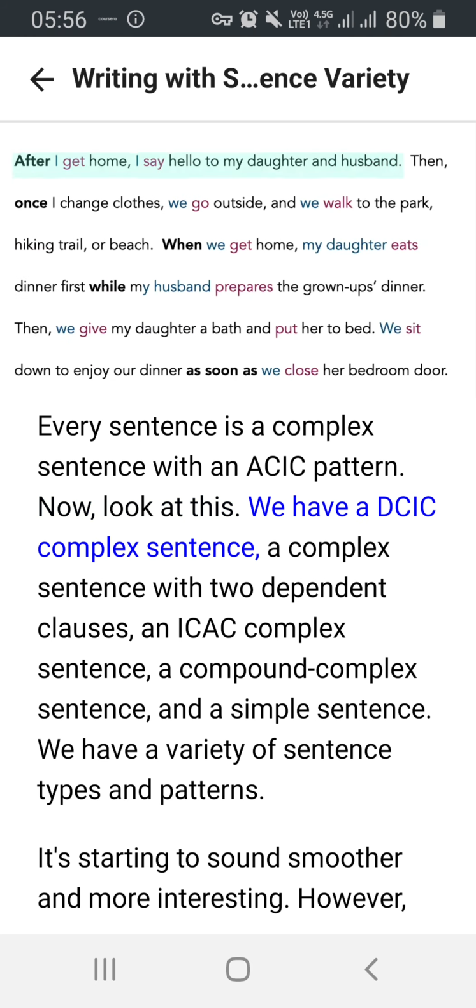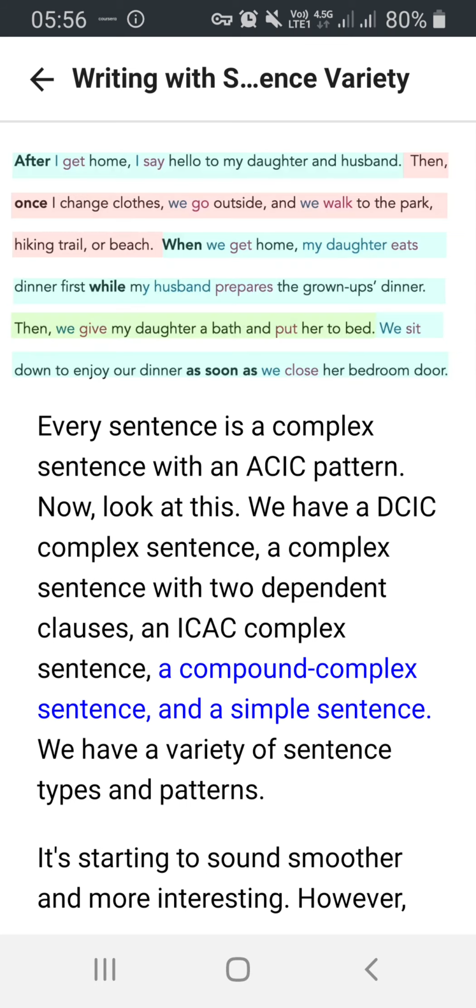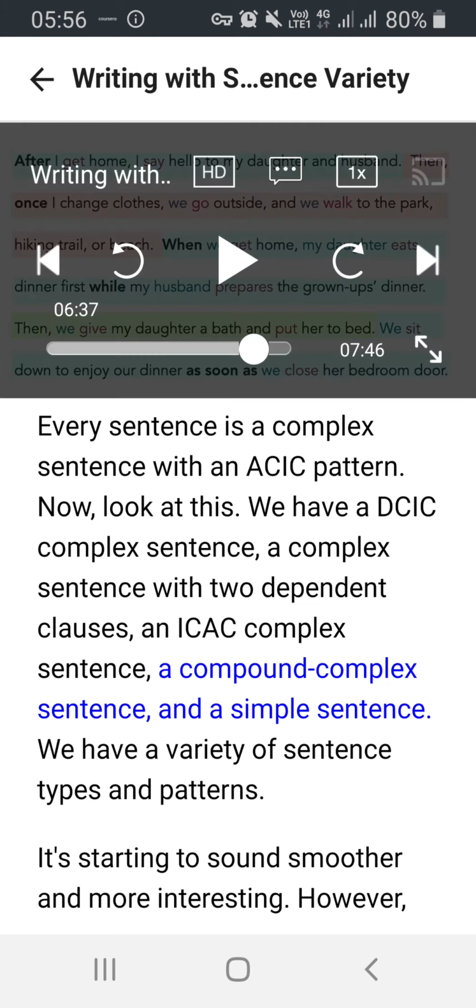We have a DC-IC complex sentence, a complex sentence with two dependent clauses, an IC-DC complex sentence, a compound complex sentence, and a simple sentence.